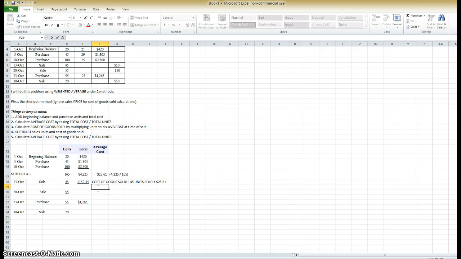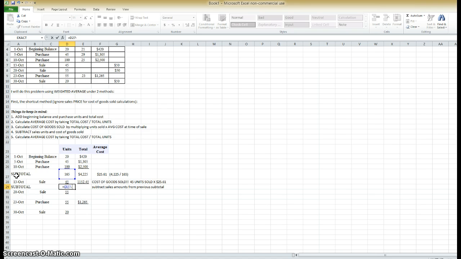Now we get to do another subtotal after the sale. With this, we're going to subtract the sales amount from the previous subtotal.